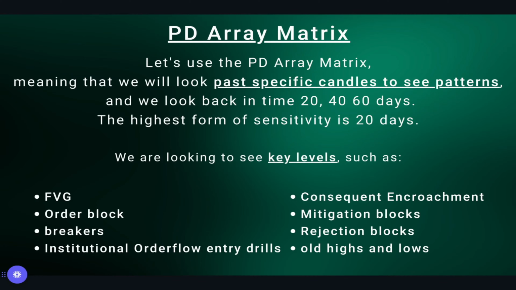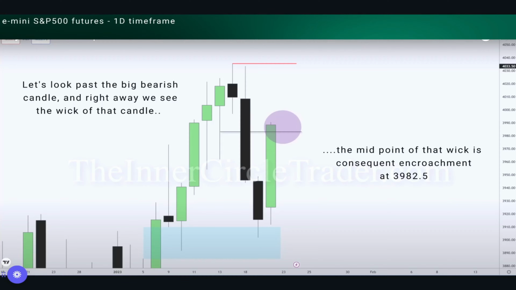And when we are using the PD array matrix, we are trying to spot the next fair value gaps, order blocks, breakers, institutional order flow entry drills, consequent encroachment, mitigation blocks, rejection blocks, old highs and old lows. So let's try to use the PD array matrix.